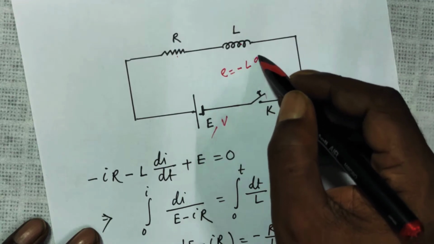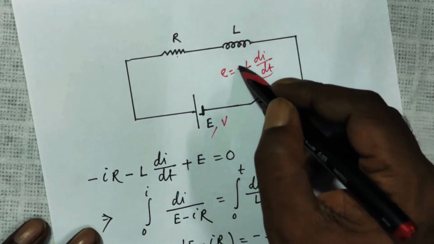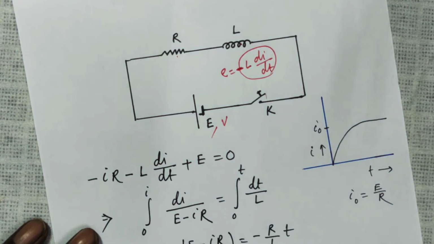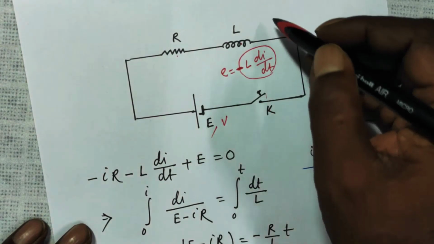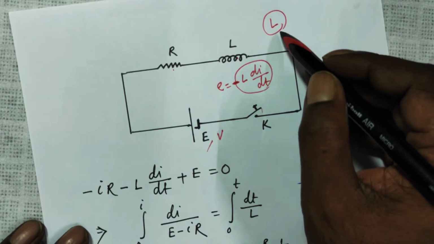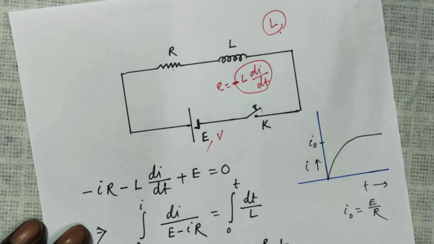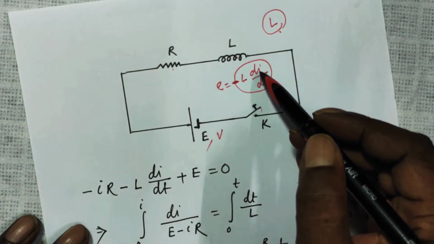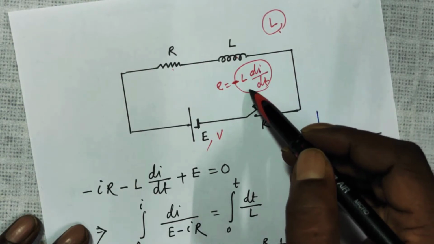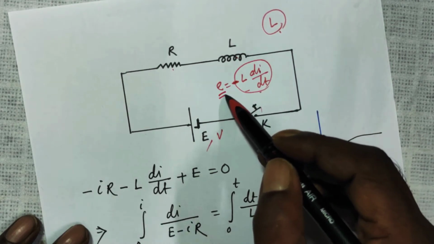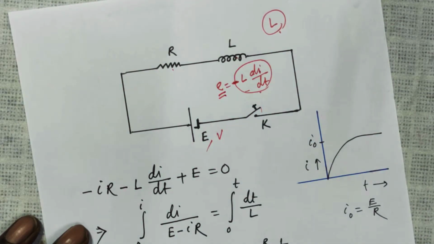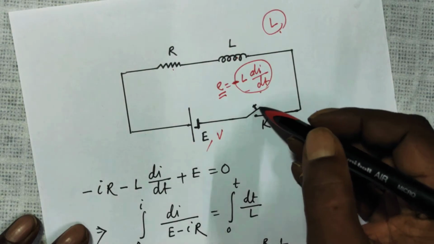E is equal to minus L di by dt. This negative sign indicates it was opposing. And what was the property of L? Whenever current changes, it opposes. If I becomes constant, the derivative of a constant is 0, then this part is 0, there is no opposition. So as long as the current is increasing and has not reached its maximum value, it is opposing. That is when the key is closed.